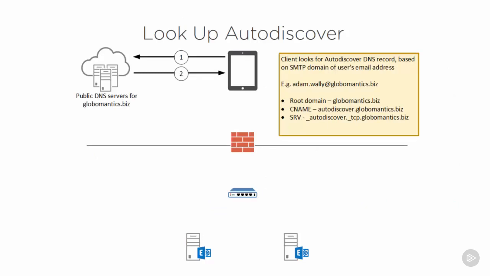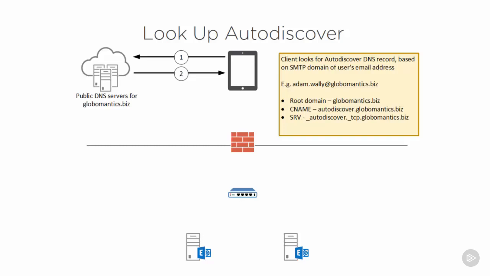In this situation, the mobile device is located on the internet, outside the corporate firewall. So the first thing it's going to do when it's configuring its connection to Exchange is to look up AutoDiscover. The client will look for the AutoDiscover record in DNS, based on the SMTP domain of the user's email address, for example, adamwally@globomantics.biz.